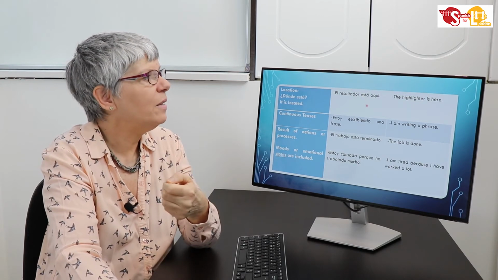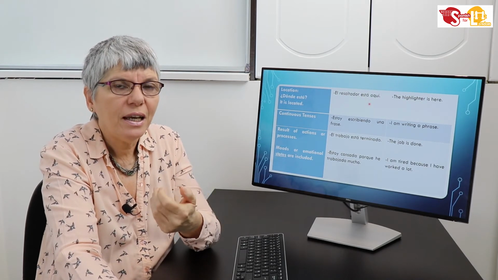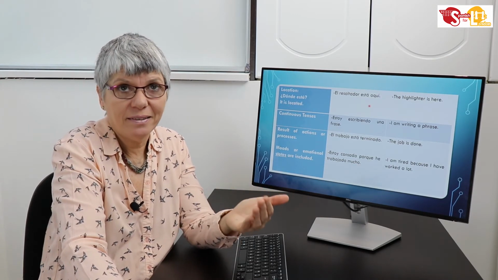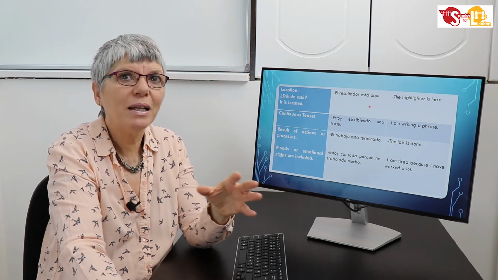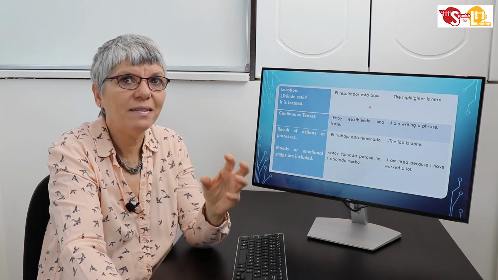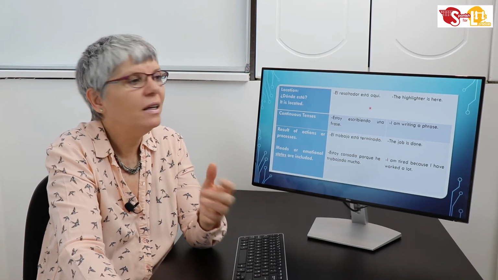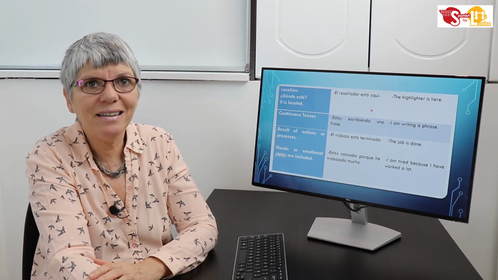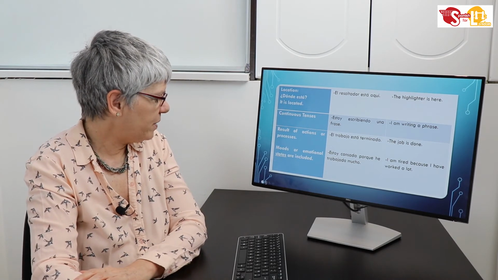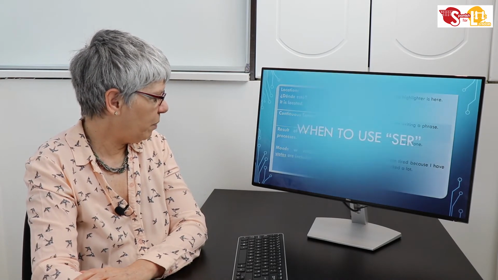But when I say the party takes place here, I cannot see the party. I can see the people, I can see the food, but the party itself is an abstract event. So I say la fiesta es aquí, and the verb ser means to take place in this case.